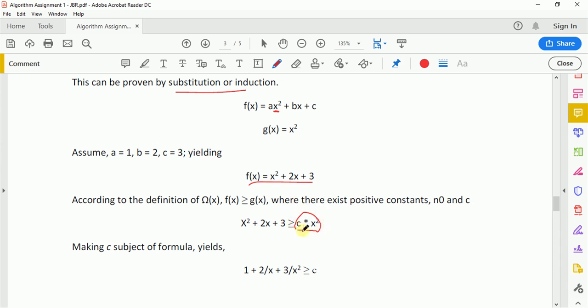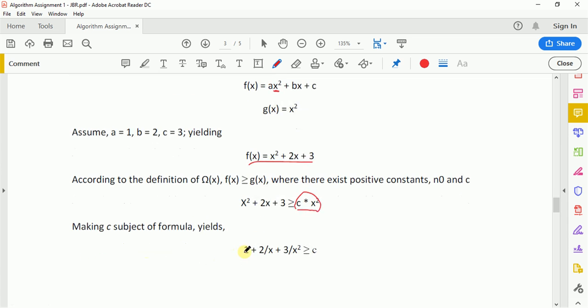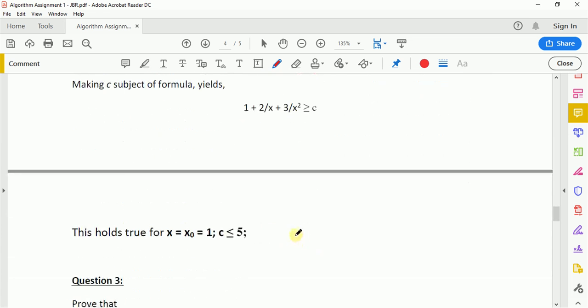If there exists any of such conditions, then this is true. If we make c the subject of the formula, it yields x squared divided by x squared, 2x divided by x, 3 divided by x squared, which yields this. This holds true for x equals x0.